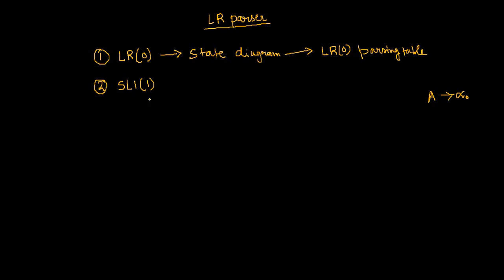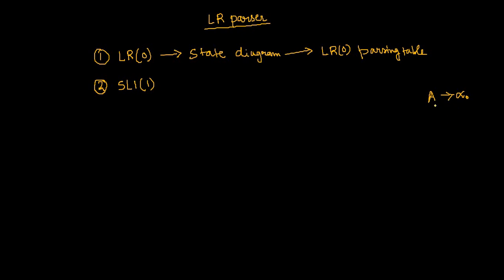Now what was SLR1 saying? SLR1 says that if you find a reduced move, don't put the reduced production rule in all the columns of that particular row, rather you put it in the follow of the left hand side of the production.